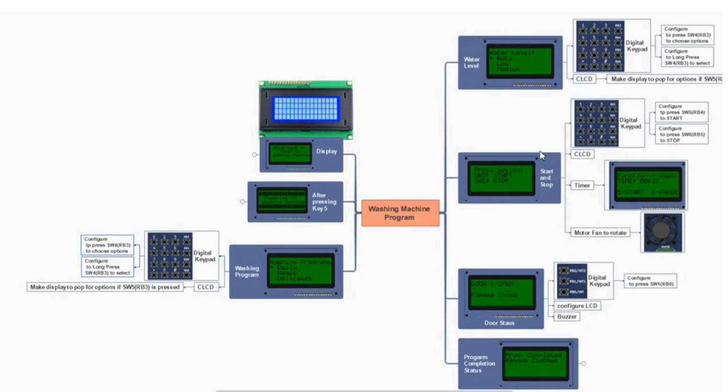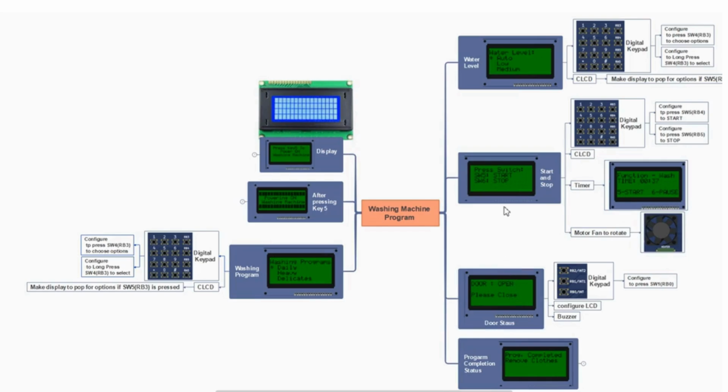Once the user clicks the start button, the washing machine will start washing. It will rotate the motor. During this time, the user unfortunately opens the door. It acts as an interrupt to the microcontroller. It will interrupt the microcontroller by stopping the motor from rotating.